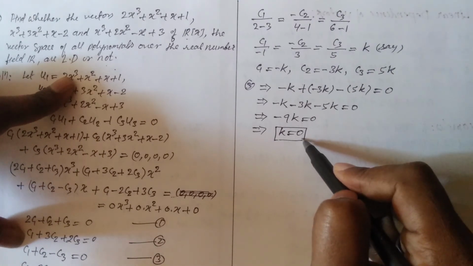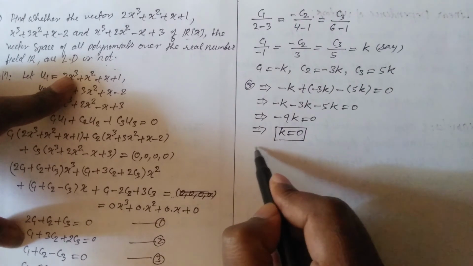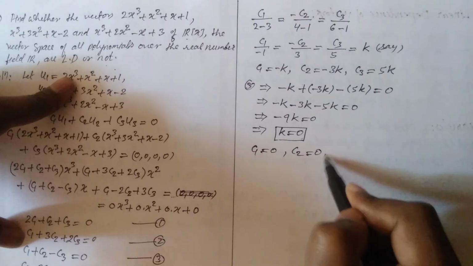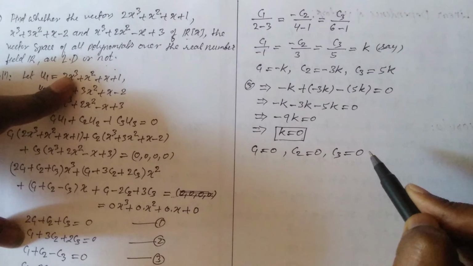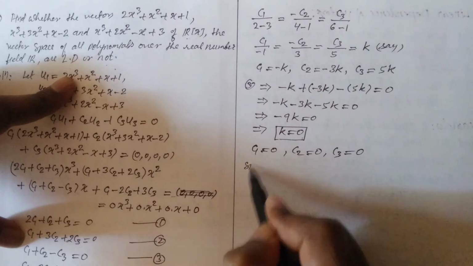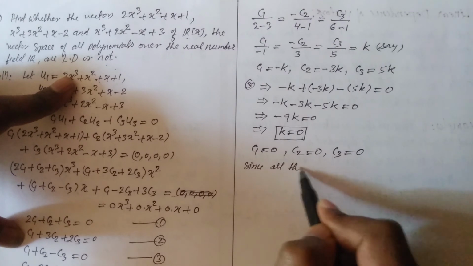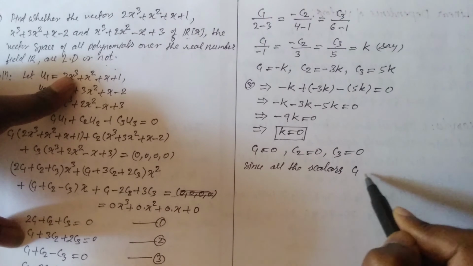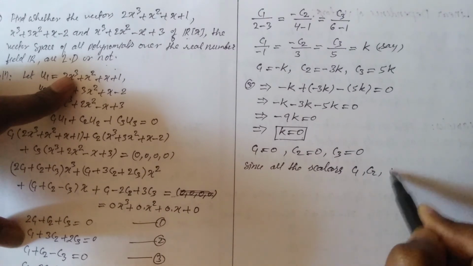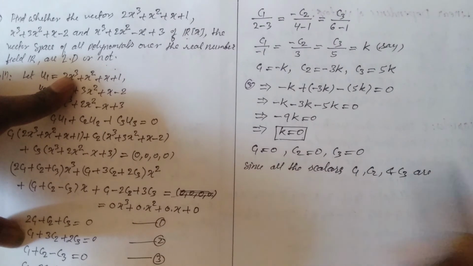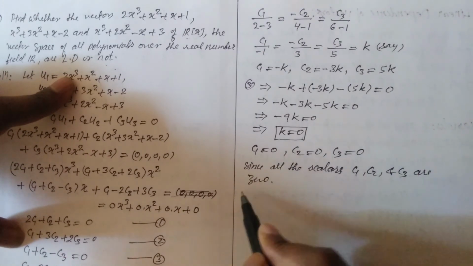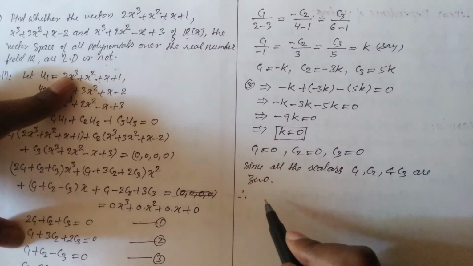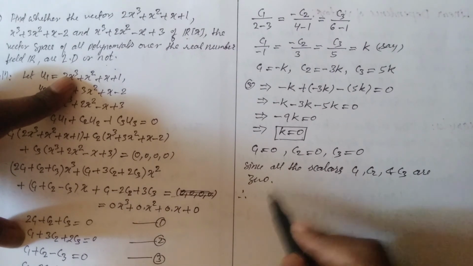Now putting value of k here, you will have c1 equal to 0, c2 equal to 0, and c3 equal to 0. Since all the scalars c1, c2 and c3 are 0, therefore we can say that the given set of polynomials are not linearly dependent.